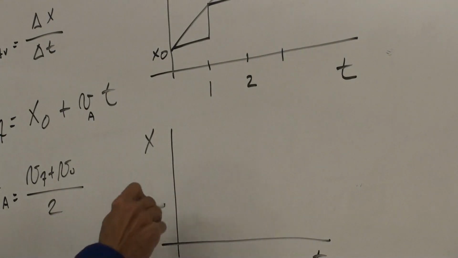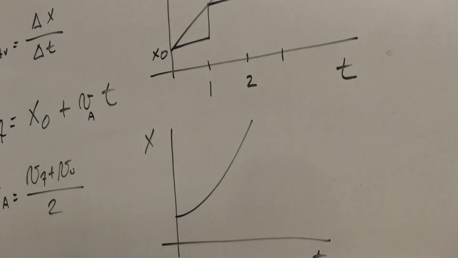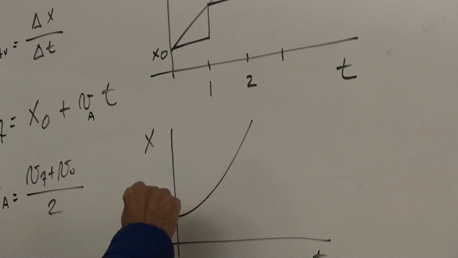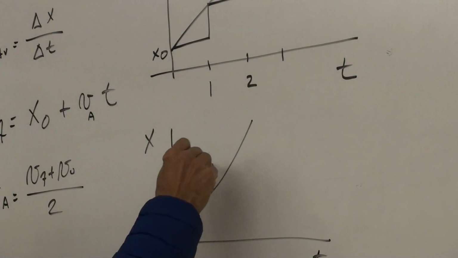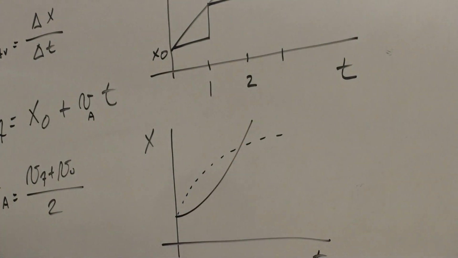A parabola, right? So let's say it's something like this. Now, what if the velocity is decreasing? The other way, right? It's going to be something like this. Right? Okay?